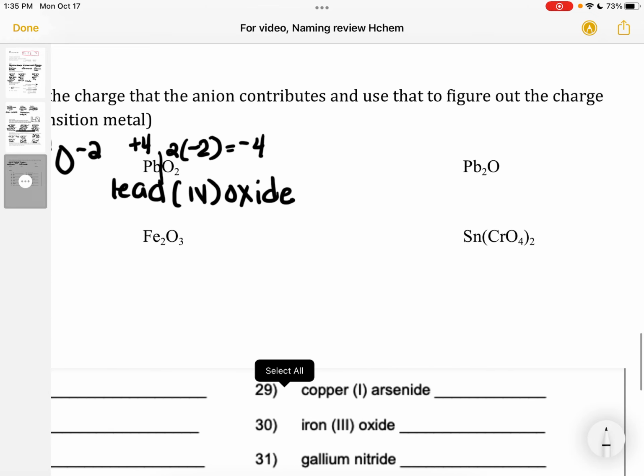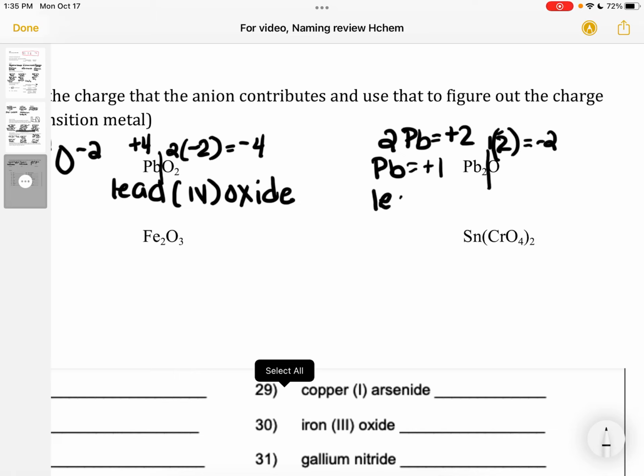Now here we've got more than 1 lead. Pb2O. We have 1 oxygen that is a -2 charge, so it's a -2 from this side. On this side, we have 2 Pb's that need to add up to +2, so each Pb must be a +1.